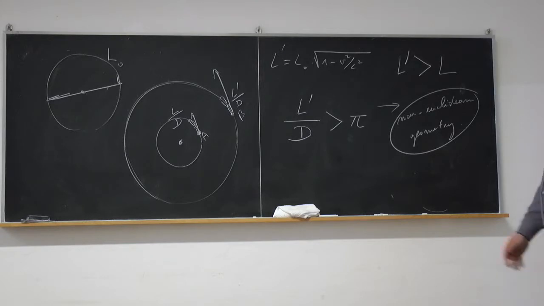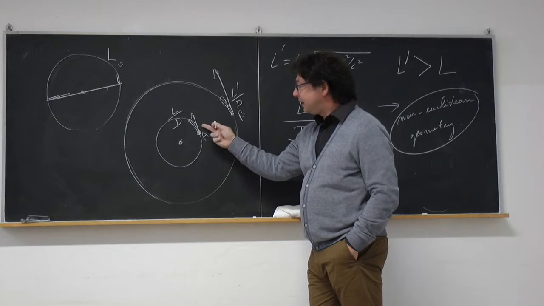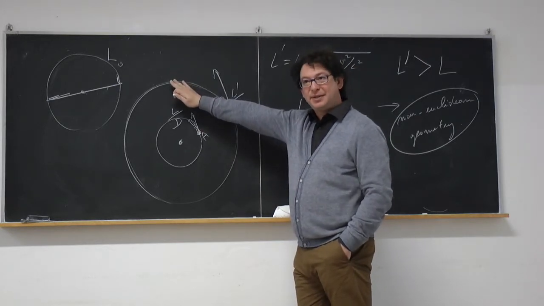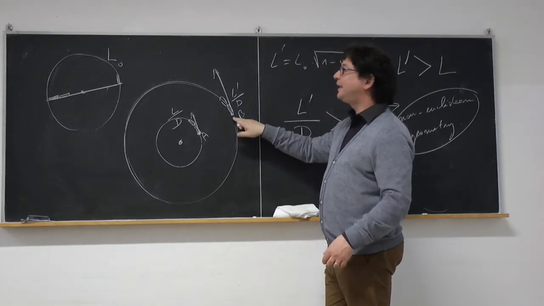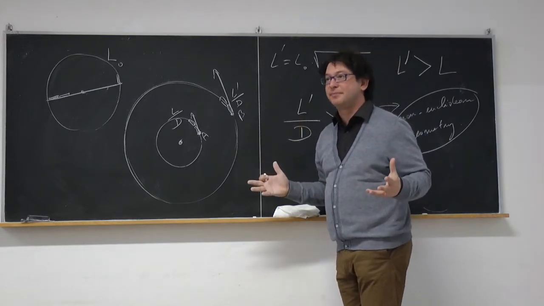And Einstein says, in a weak gravitational field you have an almost Euclidean result. Space is Euclidean. In a strong gravitational field, the geometry of space is not Euclidean.